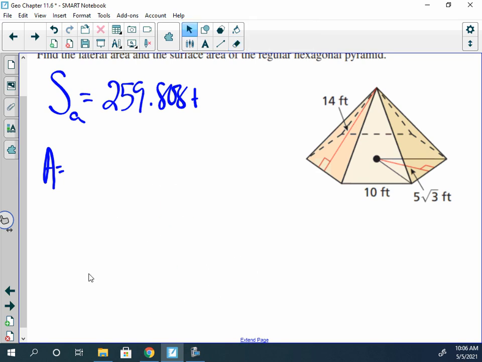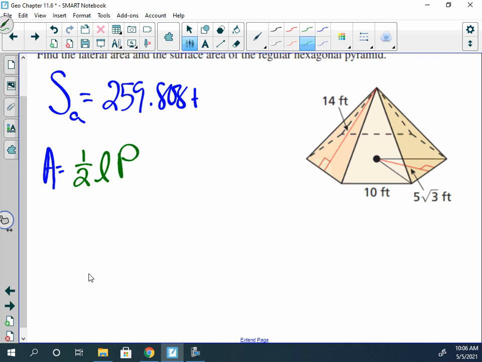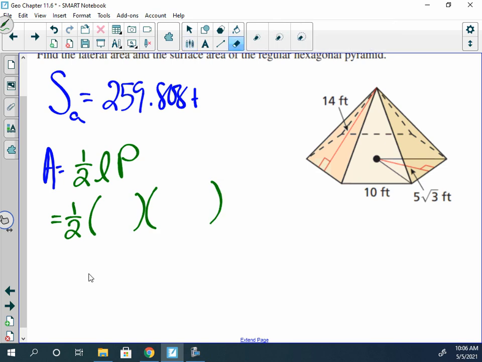Now the area formula for our lateral faces is 1/2 LP. Well, the L is our slant height, which is 14, like we pointed out a minute ago. And the P is the perimeter.